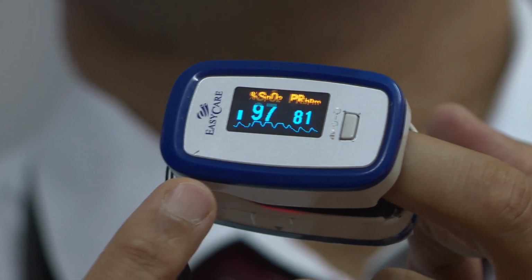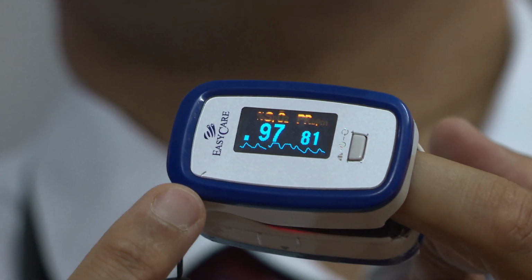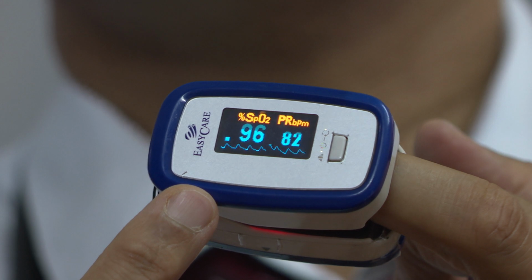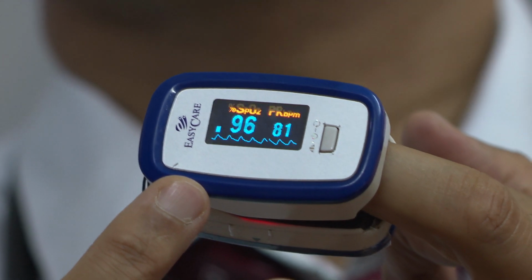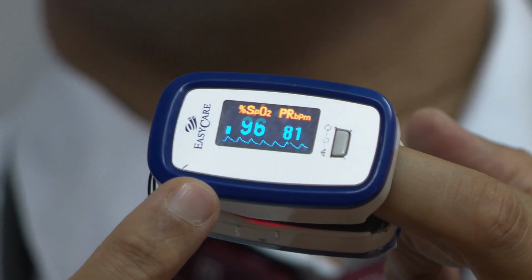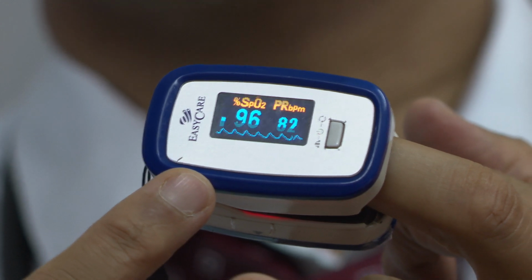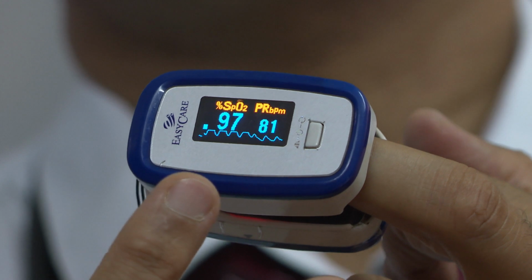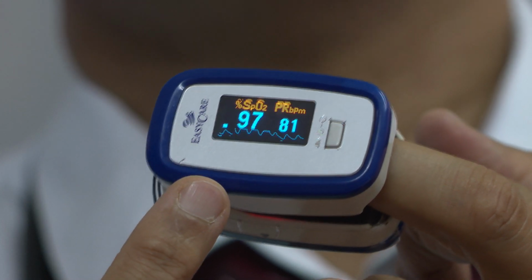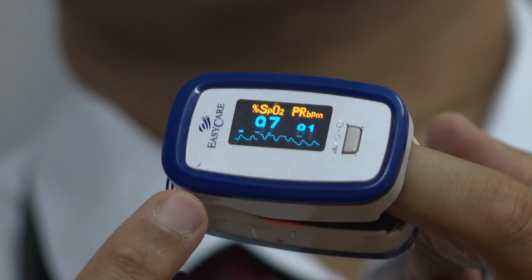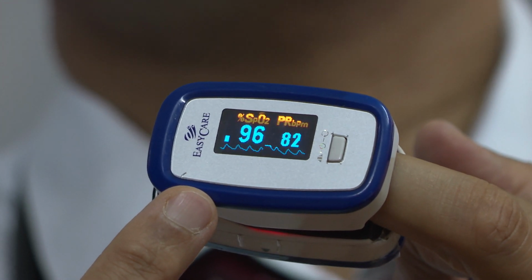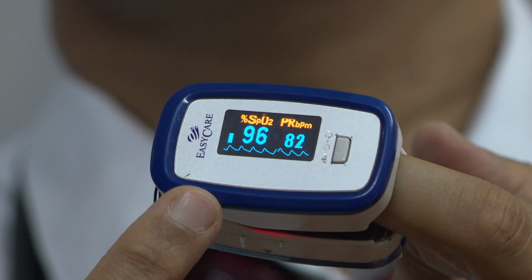SpO2 means saturation at peripheral blood: S means saturation, P means peripheral, O2 means oxygen. It is better to use the middle finger, or we can use the ear lobule, or the toe also. Insert the middle finger inside the instrument and switch on.